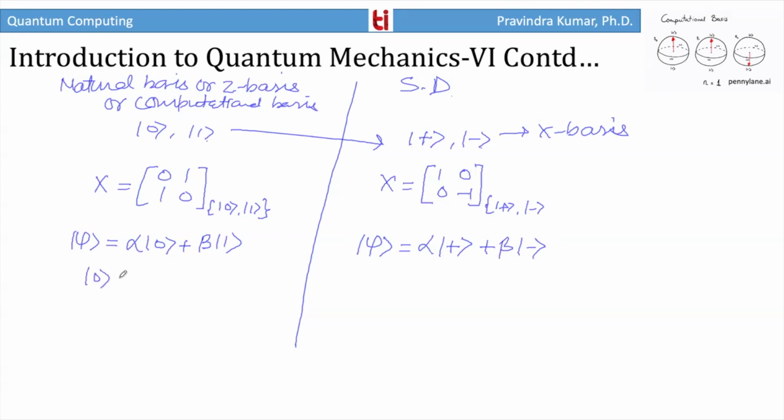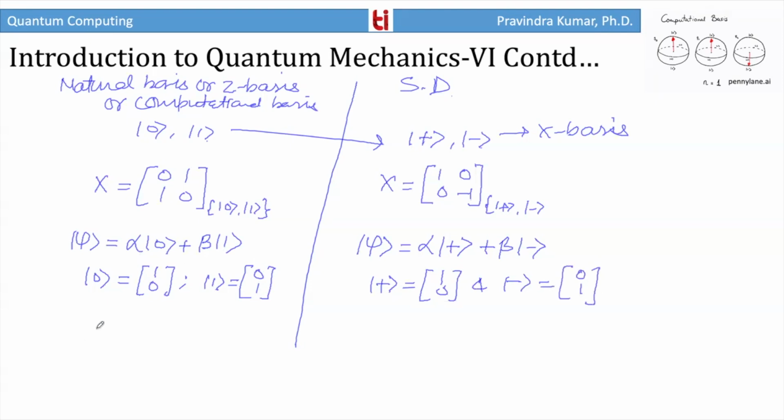Here ket 0 is represented in matrix form as 1, 0 and ket 1 is represented as 0, 1. In spectral decomposition, ket plus is represented as 1, 0 and ket minus is represented as 0, 1.